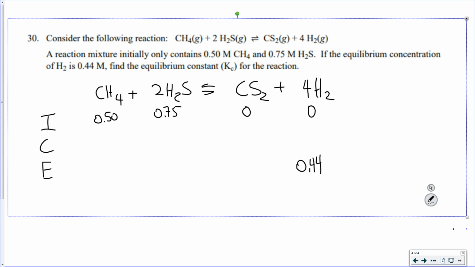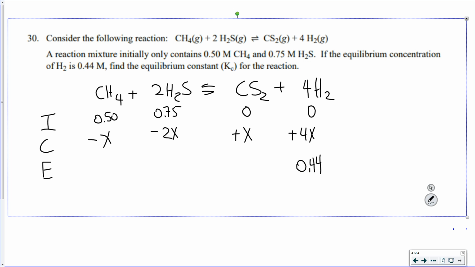So we want to find the changes that occur with respect to something that has a stoichiometry of 1. So this would be minus x, this would be minus 2x, this would be plus x, and this would be plus 4x.